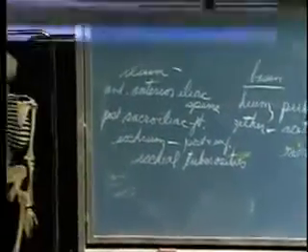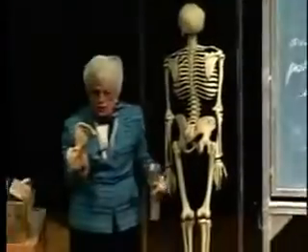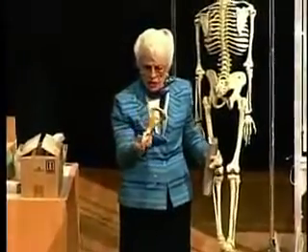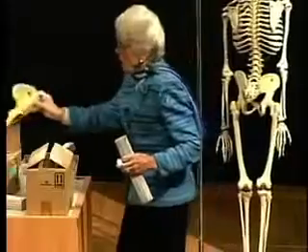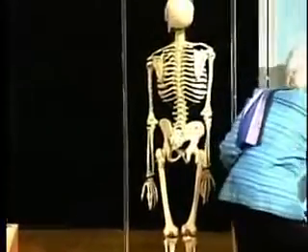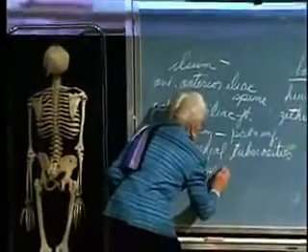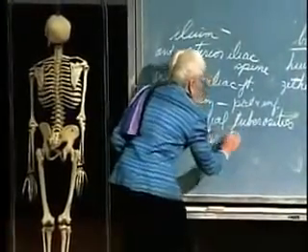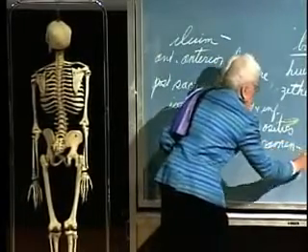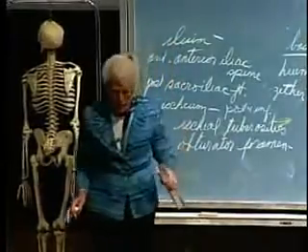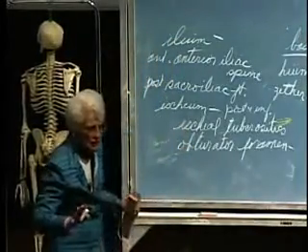So what else do we have with the ischium? The ischium also has a huge foramen. See that big hole? There's our acetabulum. It's called the obturator foramen. So it has ischial tuberosities and the obturator foramen. It's a large one. Part of the foramen is covered with connective tissue.